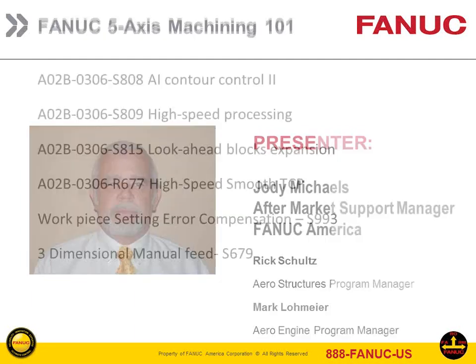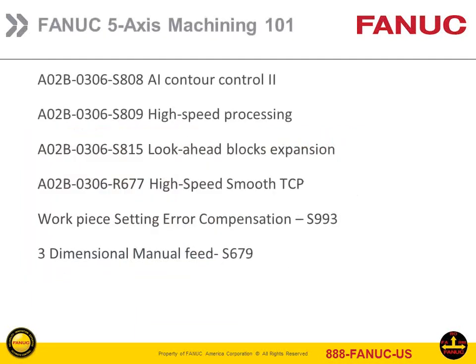From there, as Mark said, if you're trying to get into 5-axis machining, you want to go into what options you actually need. Obviously, Rick and Mark both can help you with all those specifications, because there's a lot of them. But these 6 here on this screen are some of the highlights of what you're going to need.